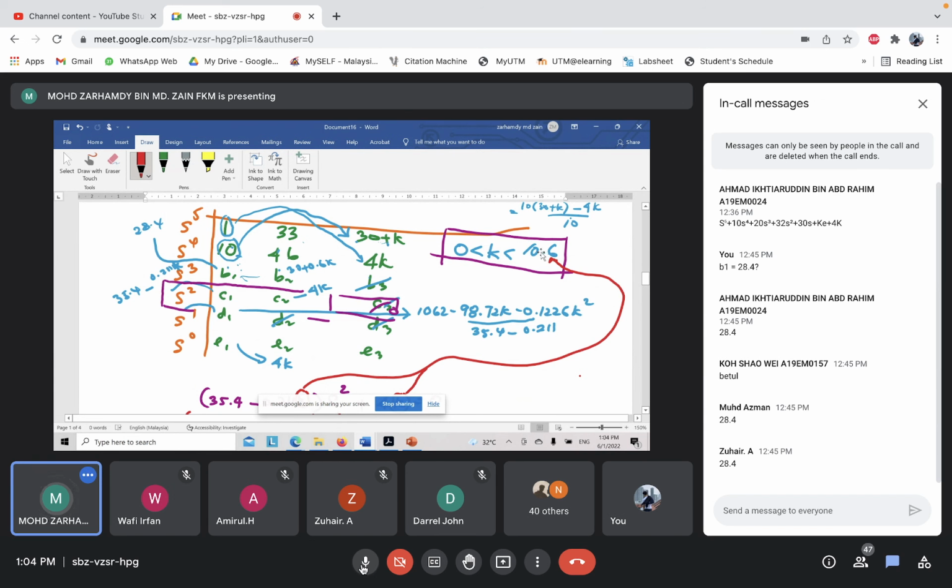Sebab kita pun tak mungkin tahu, maybe the real number is 10.5, 10.7 ataupun 10. Tapi untuk case based on our theoretical case, we just take it as the K 10.6 sebagai apa?